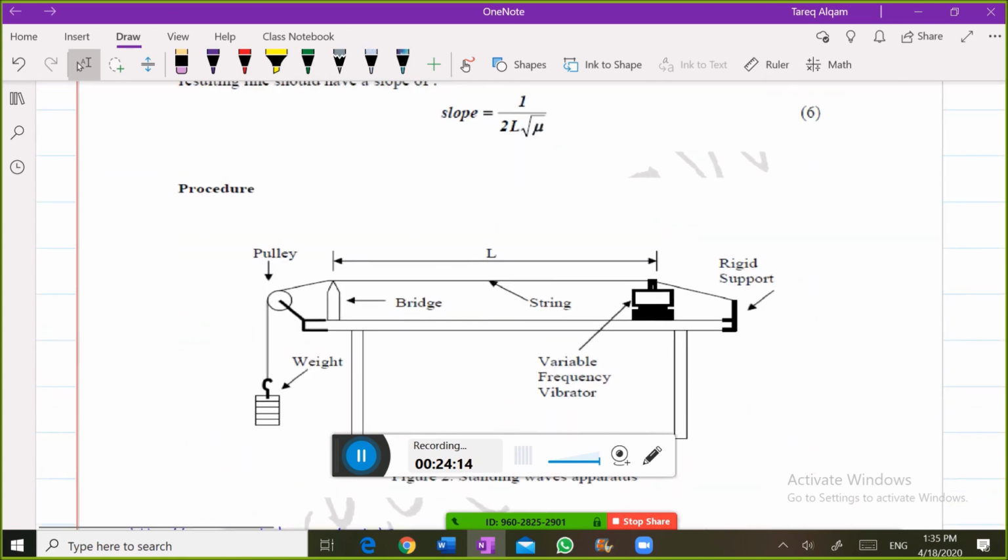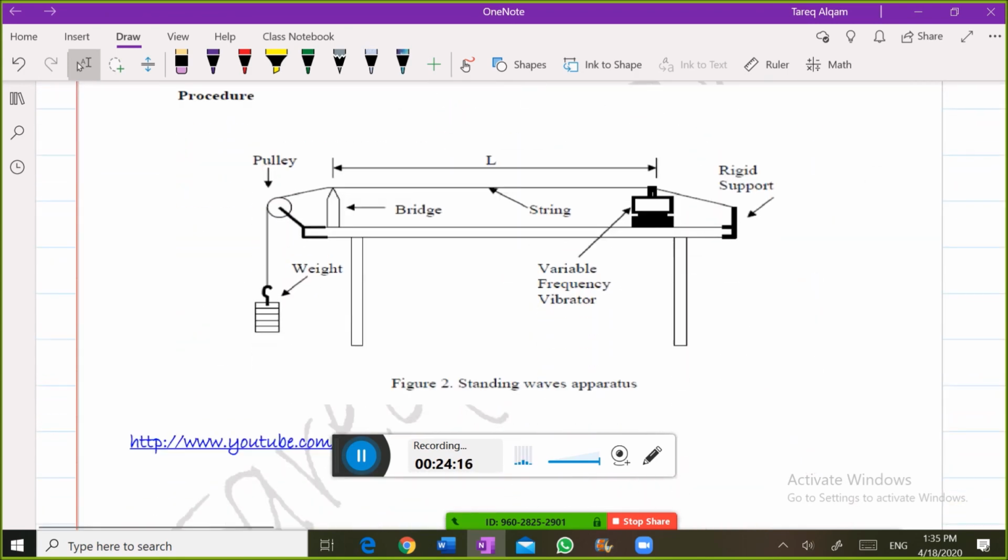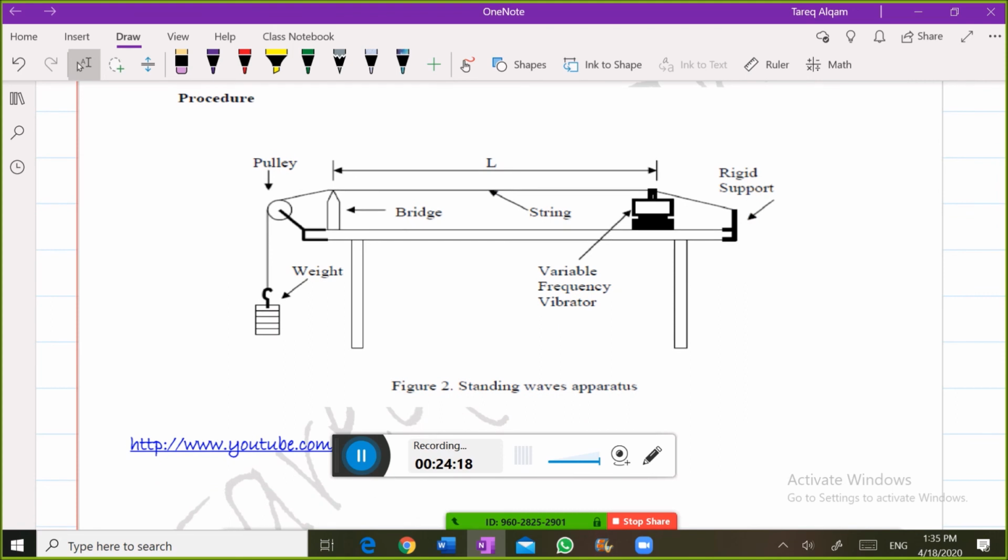This is the experiment that we may carry out in order to investigate standing waves. Here, guys, we have two fixed points.